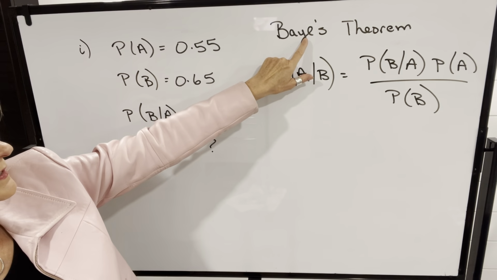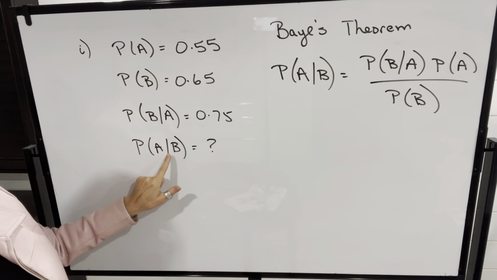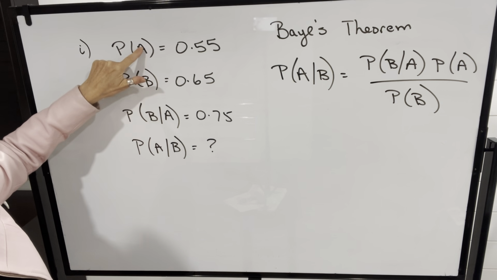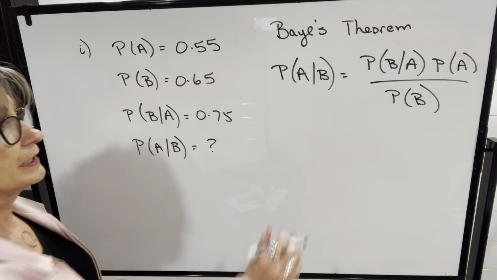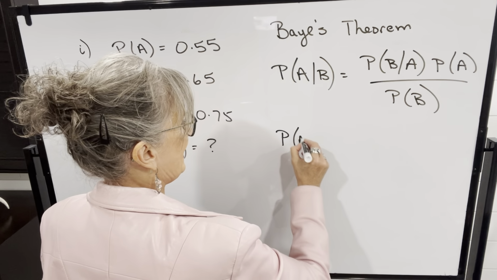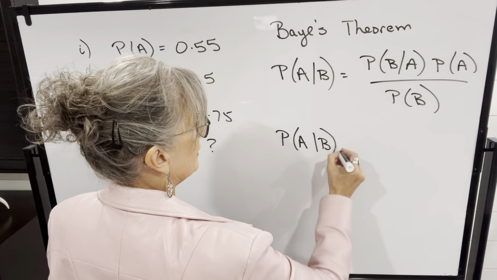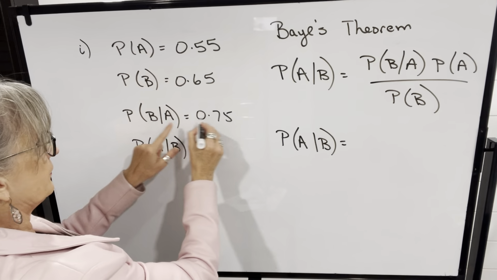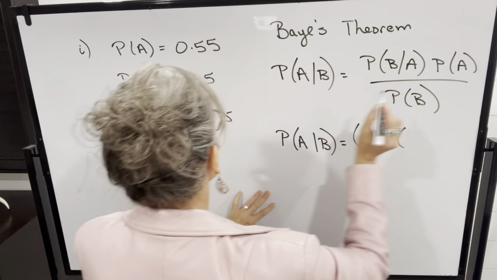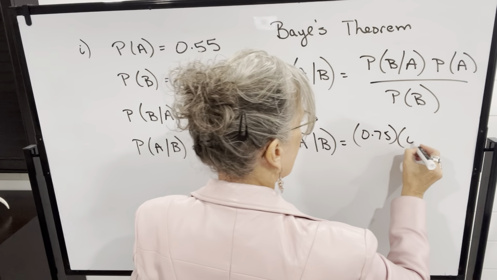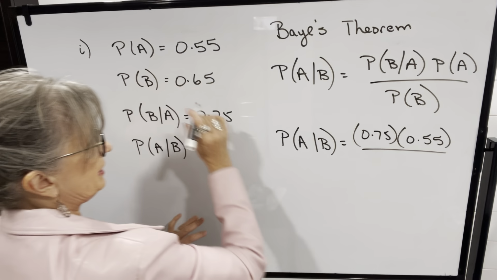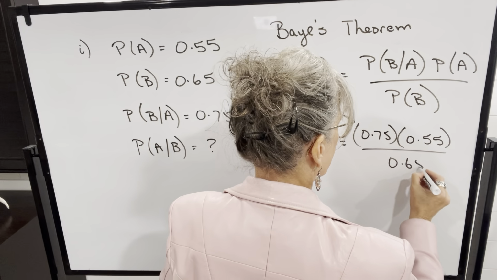What we want to know is what's the probability of Anne attending given that Betty is attending. According to Bayes' theorem, we can find the other conditional probability if we know the one conditional probability and these two individual probabilities, just plugging into this formula. So the probability of A given B will be the probability of B given A, which is 0.75, times the probability of A, which is 0.55, and we divide that by the probability of B, which is 0.65.